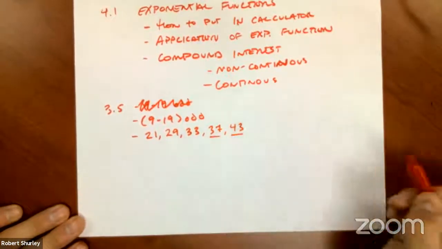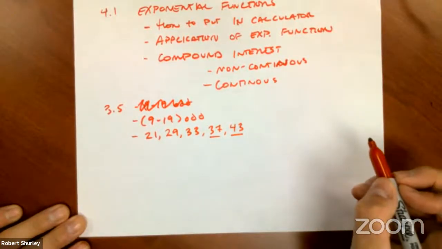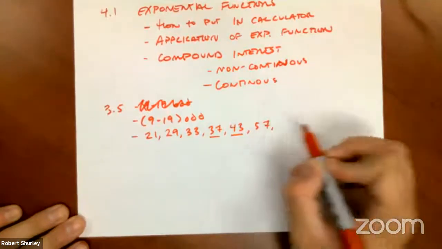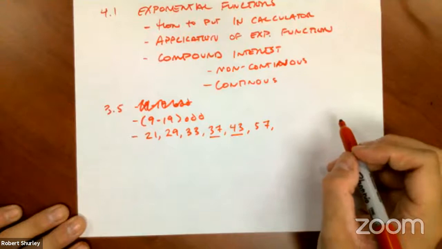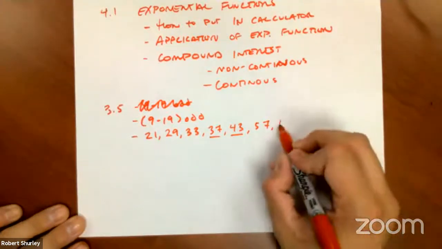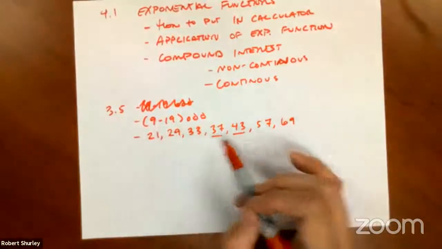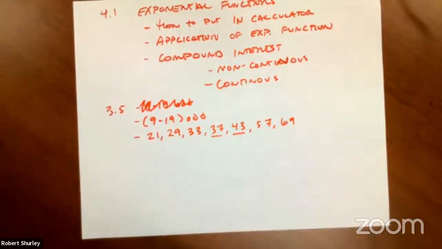These are the horizontal ones. I'll do an example like that here in a second. And then putting it all together, like 57 and let's say 69. Okay, so these are all good examples from 3.5, like if I was going to make a study guide. Okay, hold on. I'm going to get a clean sheet of paper. I'm going to come back to that one though.